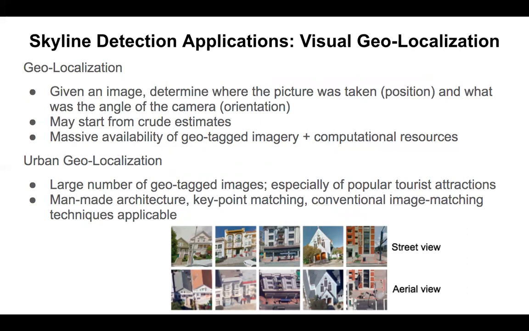Visual geolocalization is very prominent in urban settings as well, where there are many man-made structures, and you can run feature matching approaches and match one image with another to identify where the query image was taken. For example, over here we are looking at street view and aerial view, and you can find features around the corners of these buildings.